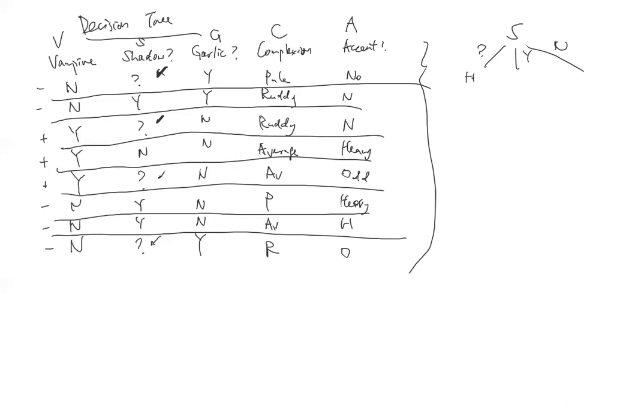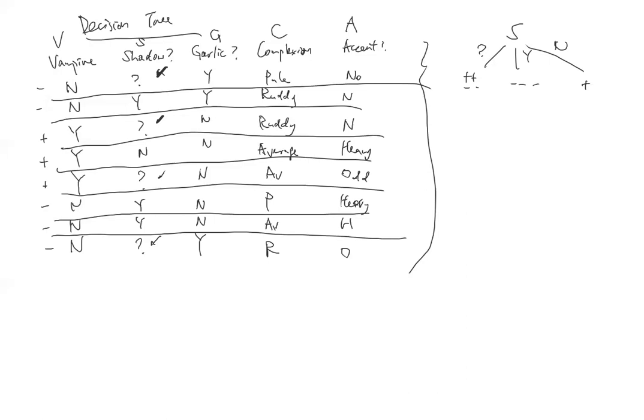Half of them are vampires, half of them are not. Among the ones that actually have a shadow, all of them are not vampires. And the ones that don't have a shadow are actually vampires.